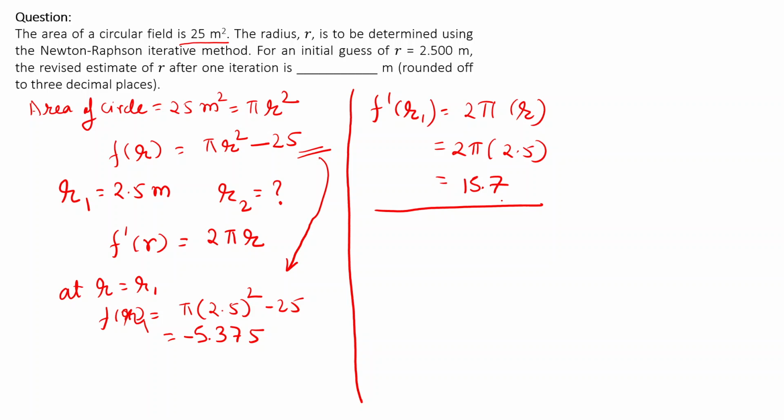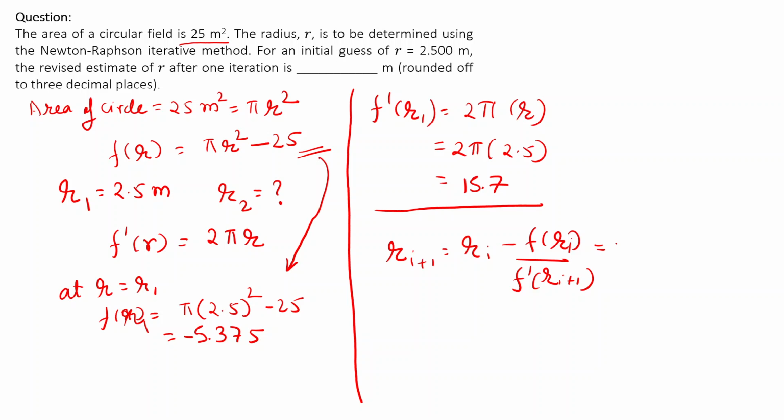So we have found the necessary values, and now we will put them into the Newton Raphson equation, that is ri plus 1 is equal to ri minus f of ri upon f dash of ri.